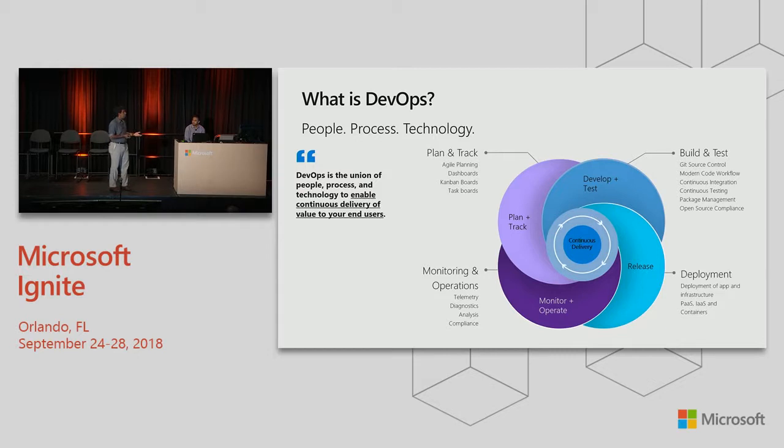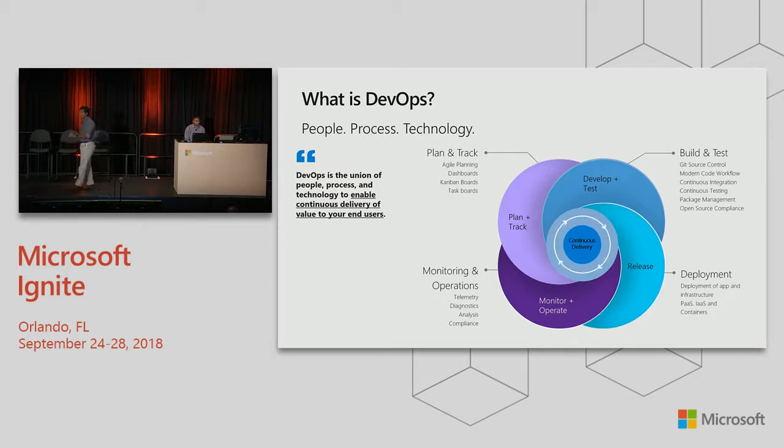DevOps, quite simply, is a union of people, process, and technology. All three of these things coming together so that you can deliver value faster to your users. Even if any one of these three things falls short, then your DevOps model will fail.